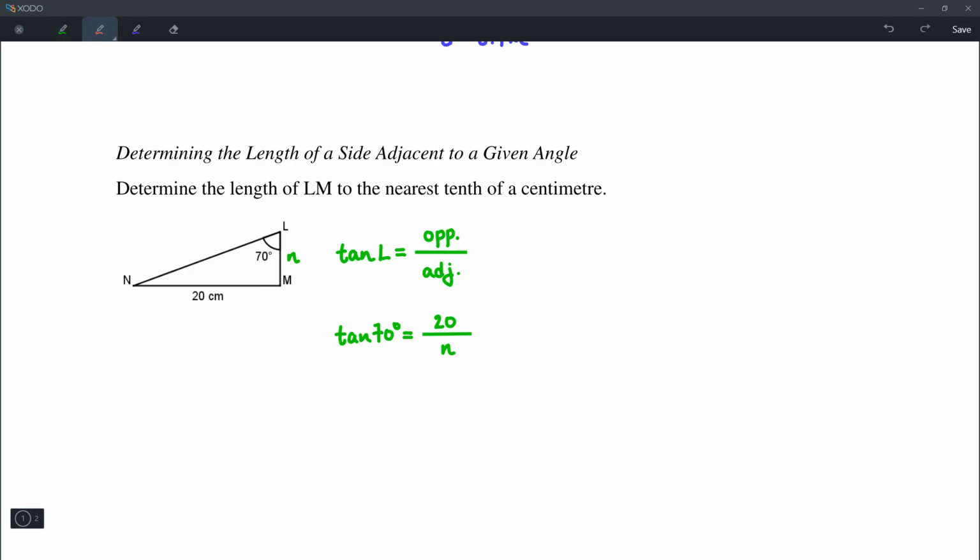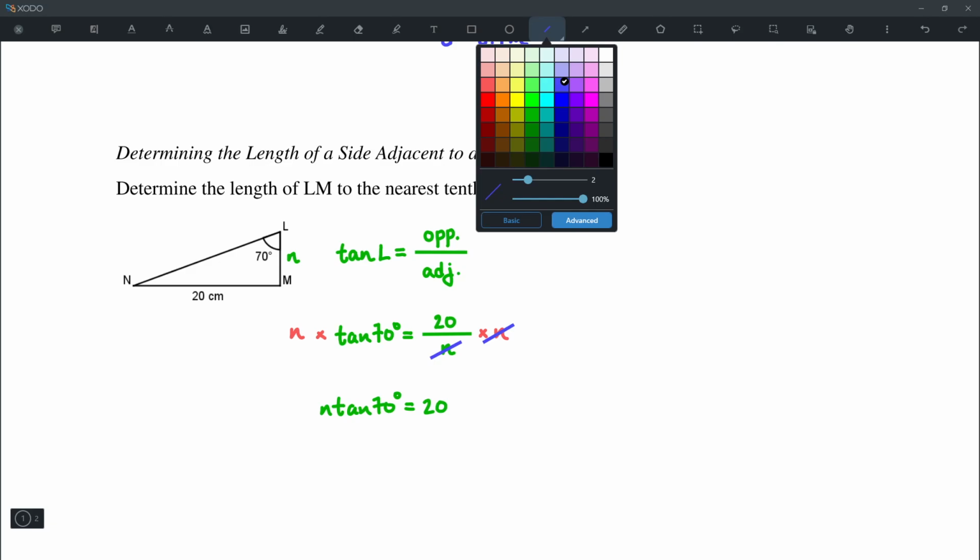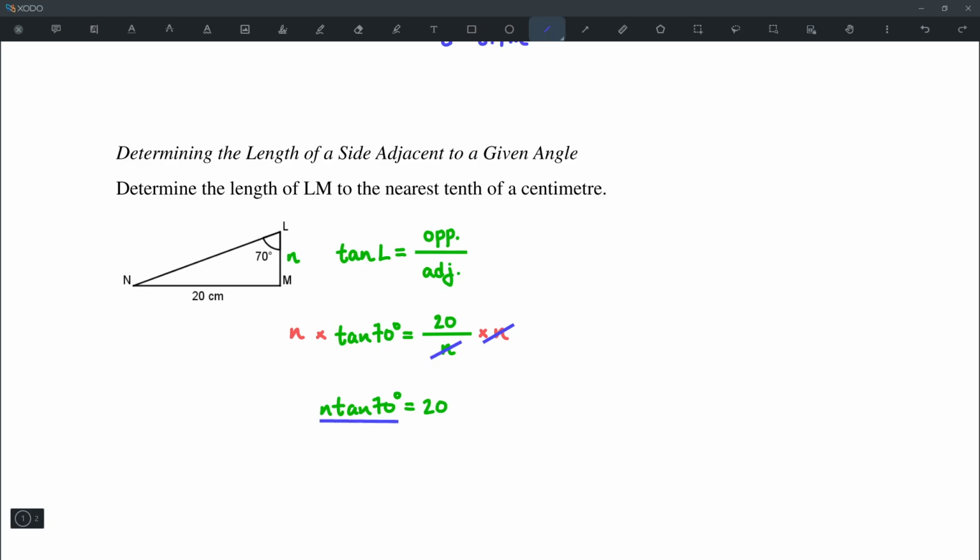So in order to isolate n by itself, there are two steps. First of all, we're going to multiply both sides by n, which eliminates these two n's here. So now we have n tangent 70 degrees is equal to 20. We can then divide both sides by tangent 70.